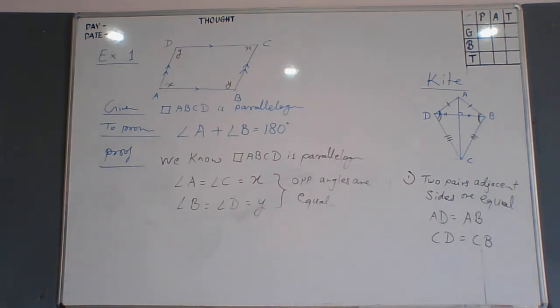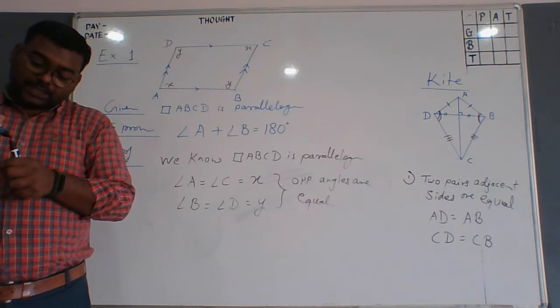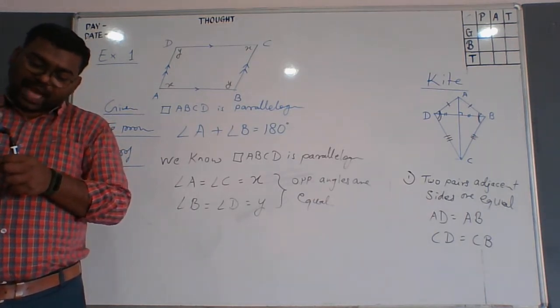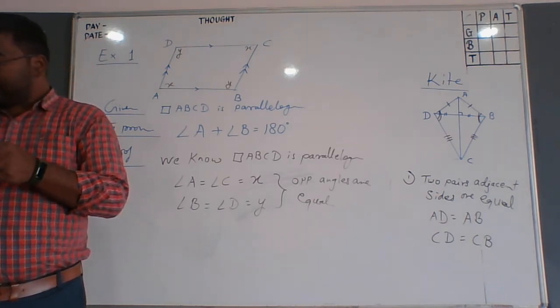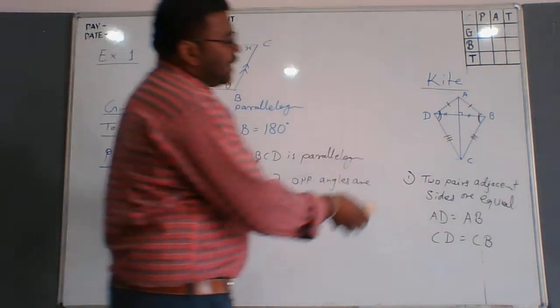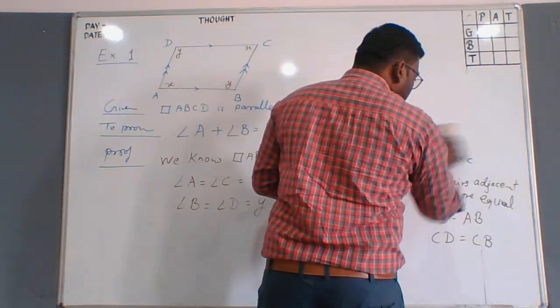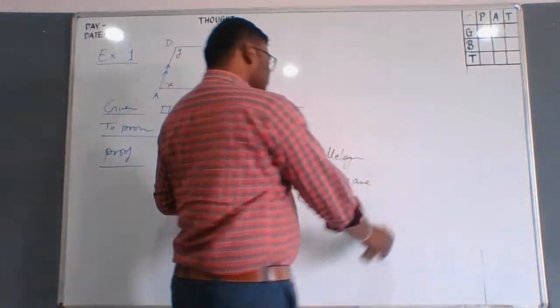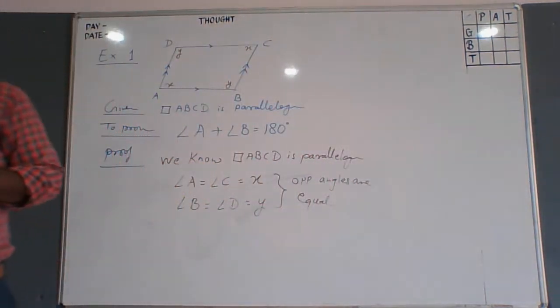Now, since it is a quadrilateral, and in the quadrilateral, the sum of angles is 360 degrees, correct? The sum of all the four angles is 360 degrees, that we know. So what we know here?